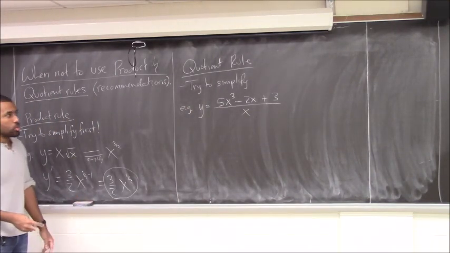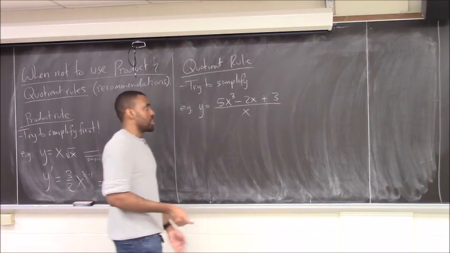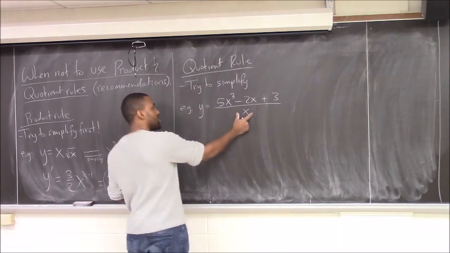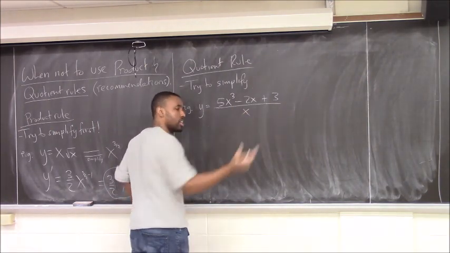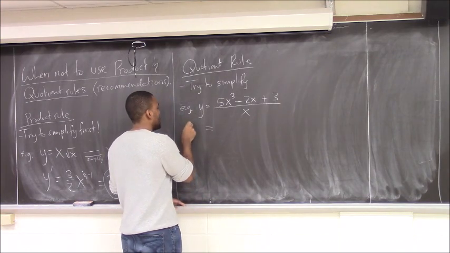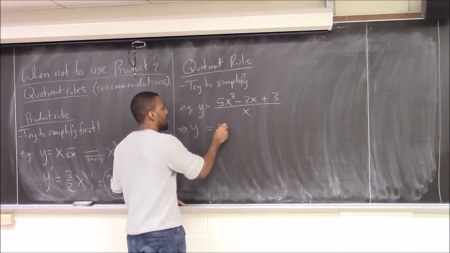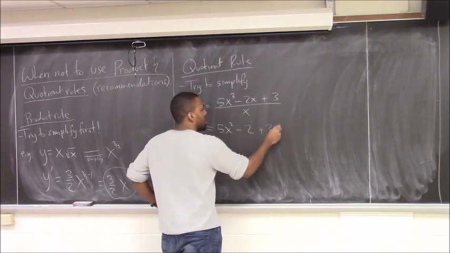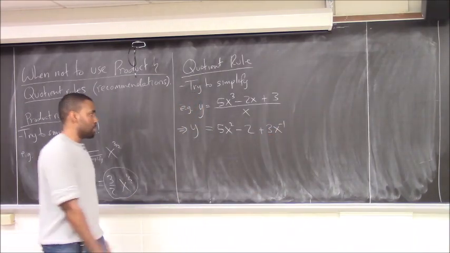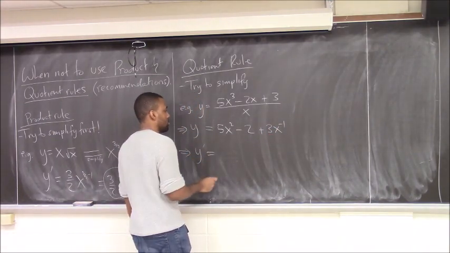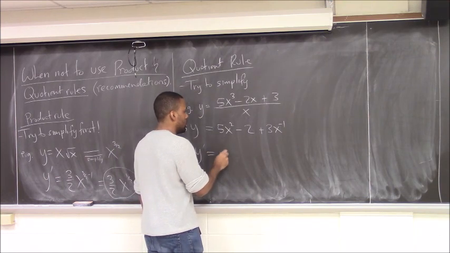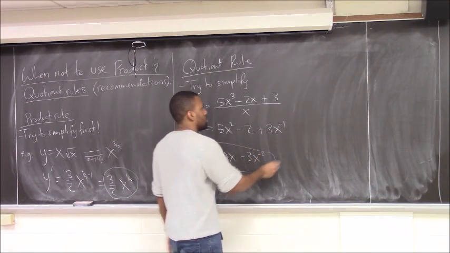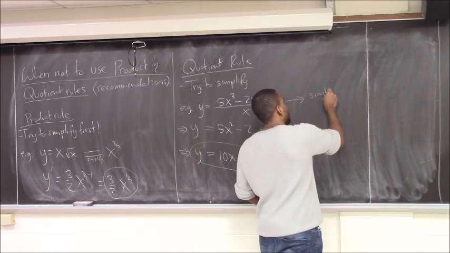Technically you can apply the quotient rule, but that would be overkill because this is something you can simplify pretty easily and use a much simpler rule. Because there's a single thing in the denominator, just divide it into each thing. So this is the same as 5x squared by dividing that by x, minus 2 dividing that by x, plus 3x to the minus 1. And then I can apply the power rule. So this would be 10x, that would be 0, minus 3x to the minus 2. So if you have a single term in the denominator, try to divide.